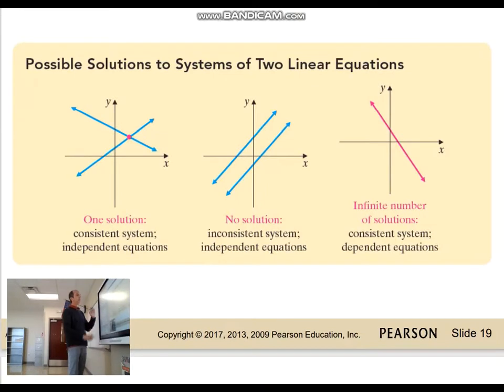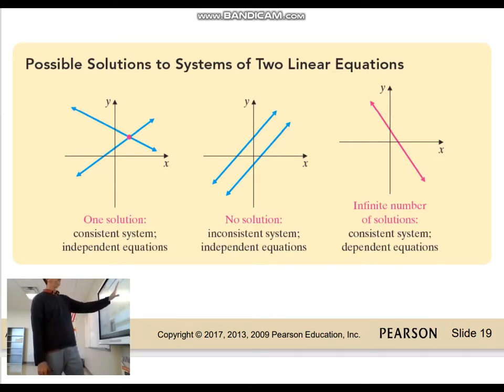Check this out. Possible outcomes: one solution, that's a consistent system, independent equations. No solutions, inconsistent system, independent equations, and an infinite number of solutions is a consistent system, dependent equations.